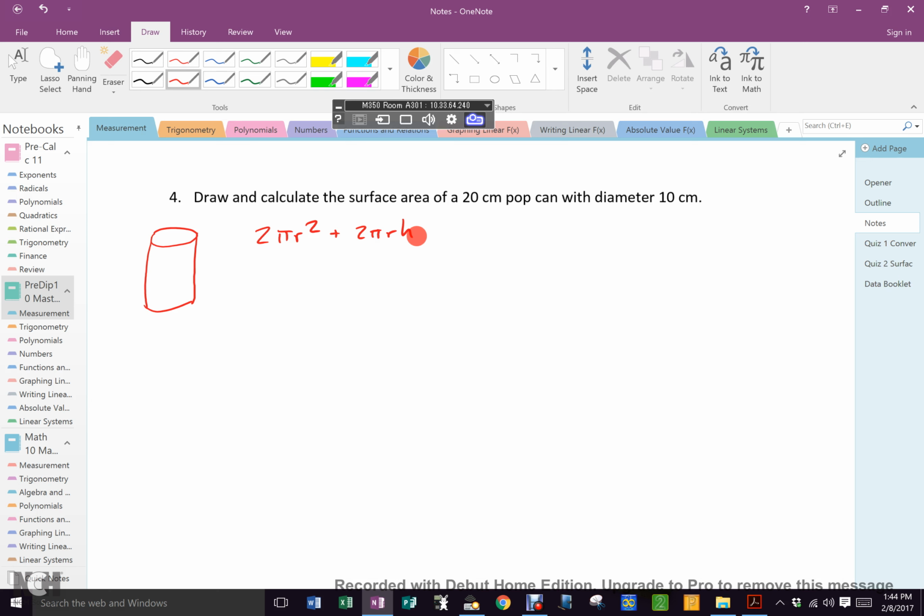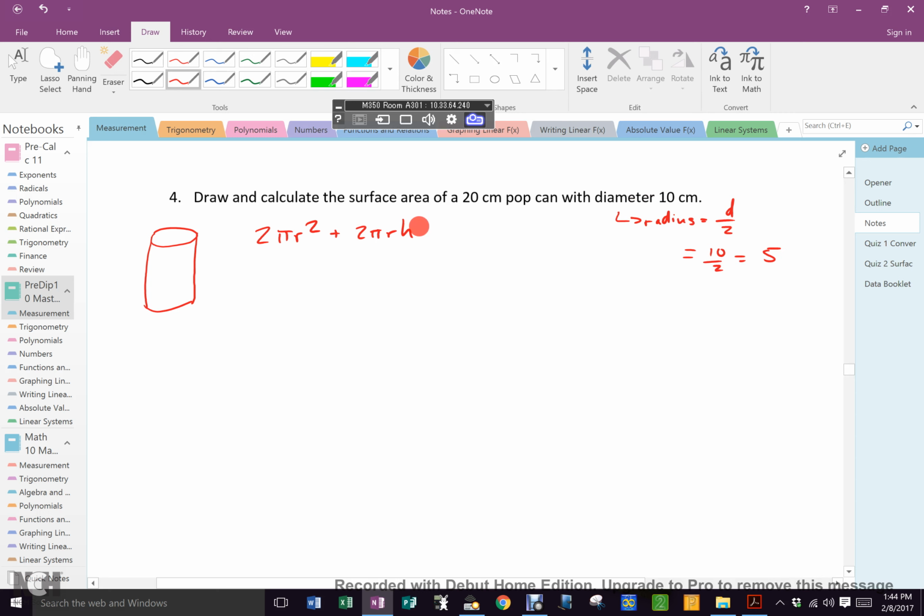Okay? So, what do we know about this cylinder? Well, we know its diameter is 10. This doesn't call for any diameters, does it? What do I need? I need radius. So what do I do to diameter to get radius? Radius equals diameter divided by 2. So that's 10 divided by 2 to get 5, right? Do I know the h?